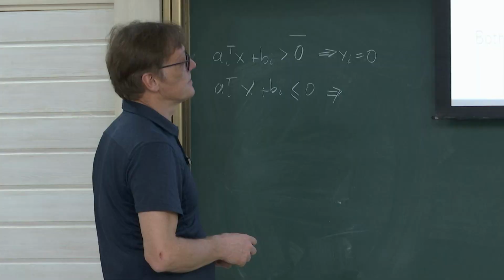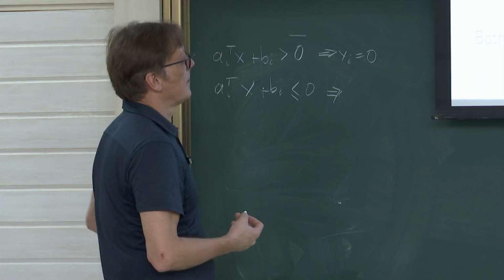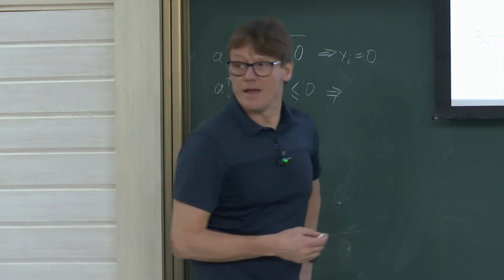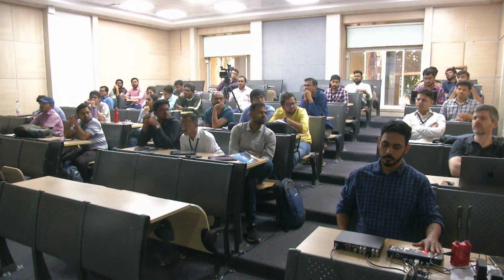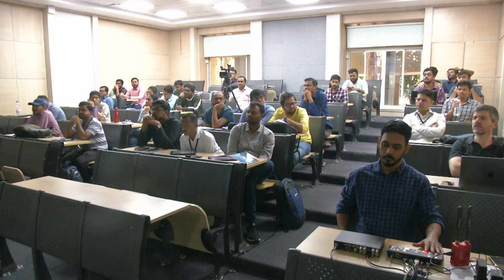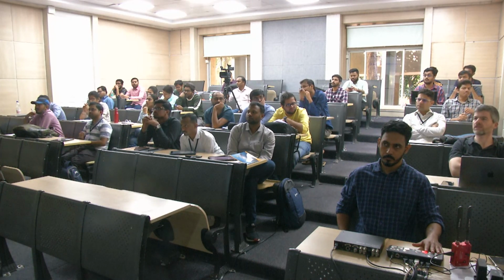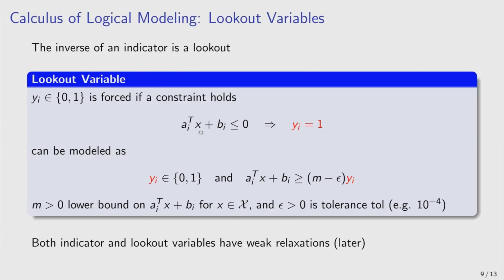If it's less than or equal to 0, then you want y_i to be greater or equal than a quantity, a quantity that is greater than 0 when a x plus b is positive. Yeah, there's something not right here. I need to check this. Okay, we'll come back to this.